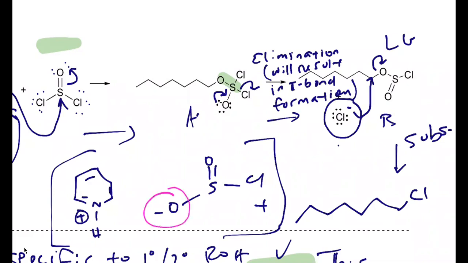So it'll become an OH, and then pyridine goes back to being neutral. So it'll be a proton transfer between those two. But that's not significant to the reaction. This is my main objective, to make the alkyl halide from the alcohol that I started with.